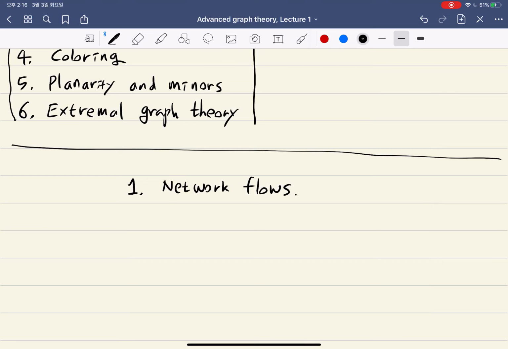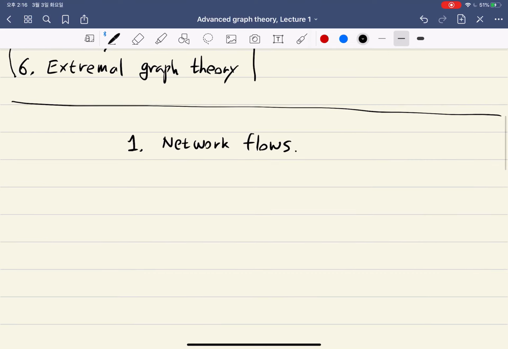In one particular situation, assume we have some water pipes. And the water pipes are linked to each other, and sometimes more than one water pipe is linked. In each water pipe, water can flow in one direction.